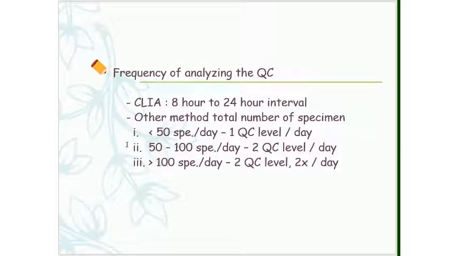If there are 50 to 100 specimens per day, we should analyze 2 QC levels per day. If we get more than 100 specimens per day, then we need to analyze 2 QC levels 2 times per day.